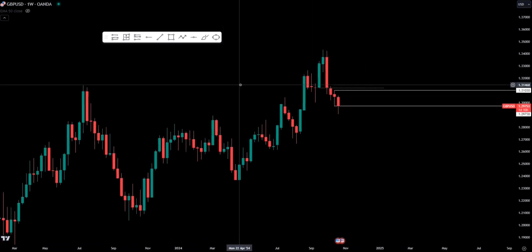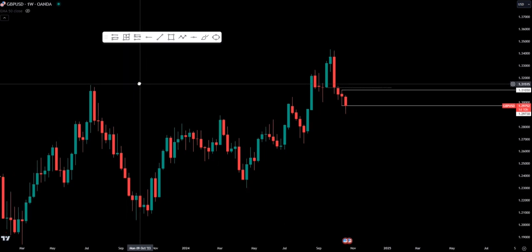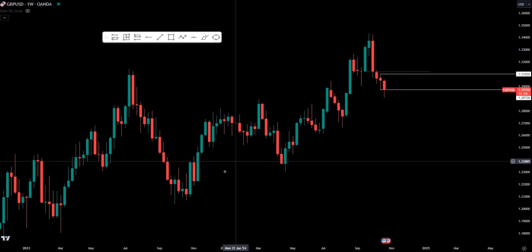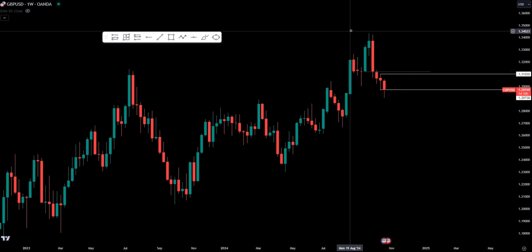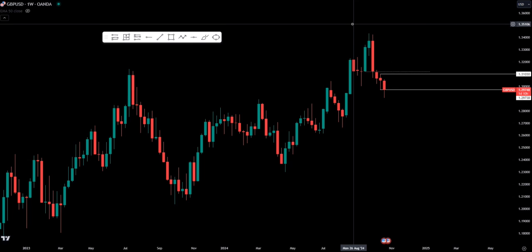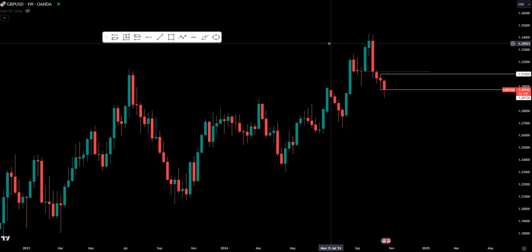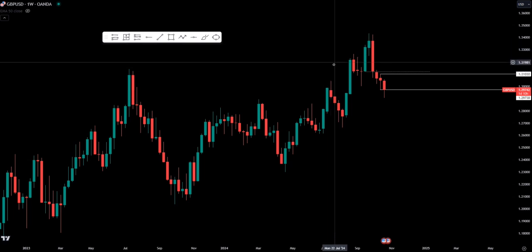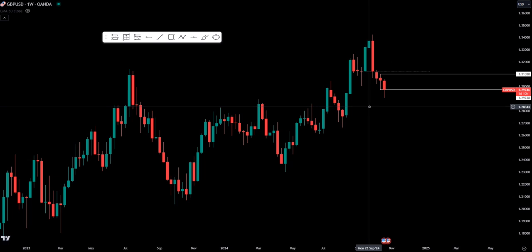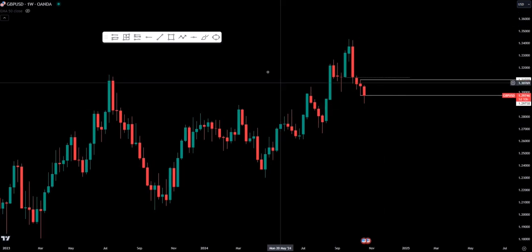I don't do any kind of ICT or smart money concepts. Just price action, candles. I'm always trying to read the candles, what this candle is telling me, what the previous candles are telling me, the interpretation.